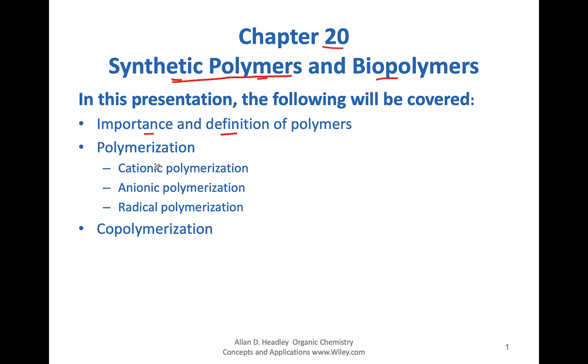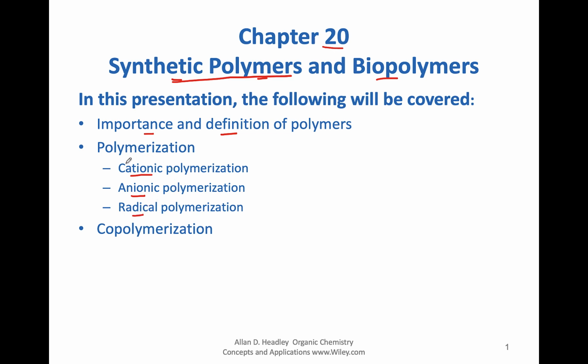What you'll discover is that they occur basically through most of the reaction types that we have covered. So the first type we'll look at is cationic polymerization. Then we'll look at anionic polymerization, and then radical polymerization.